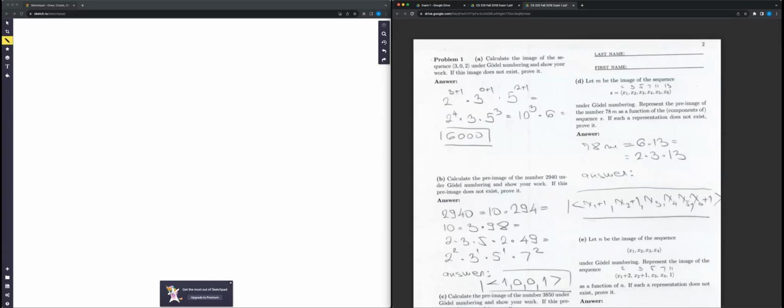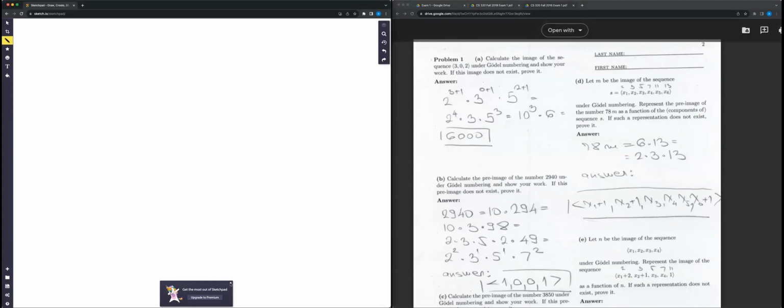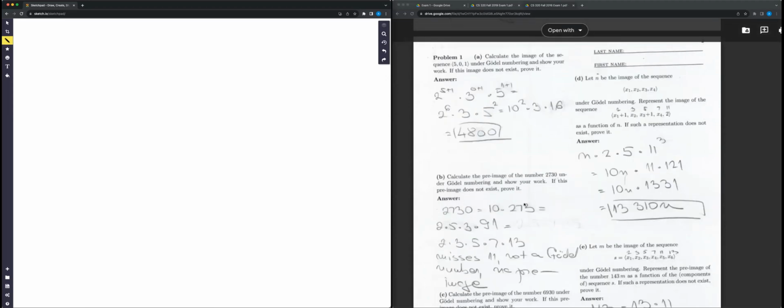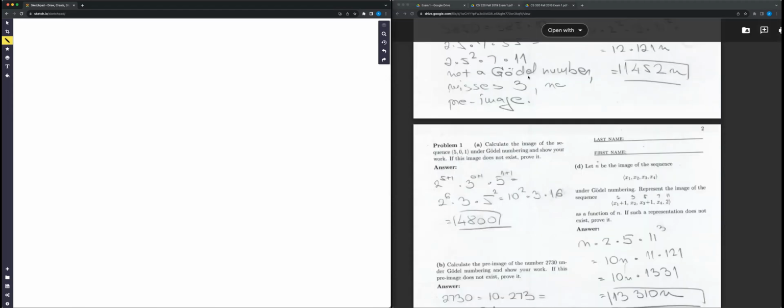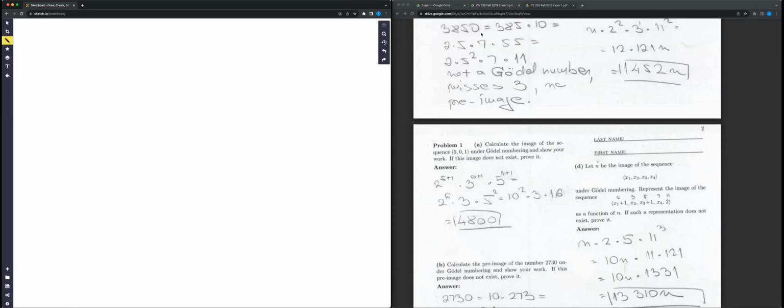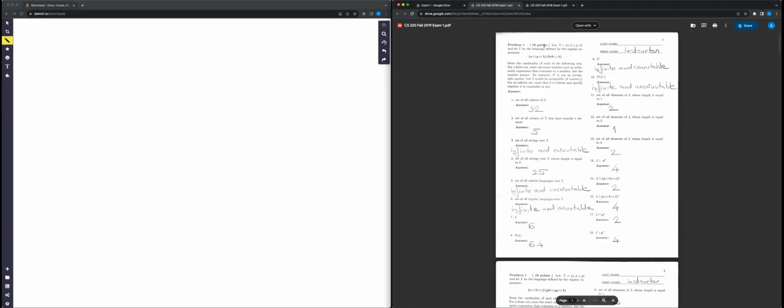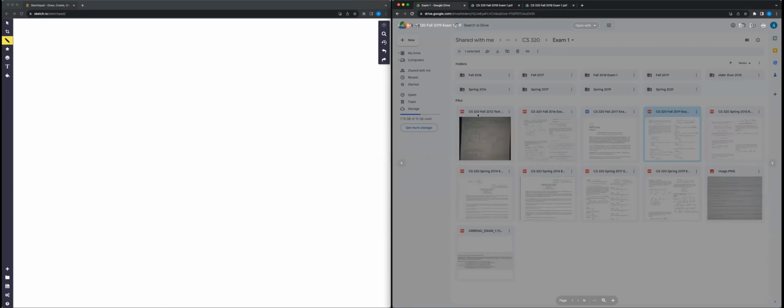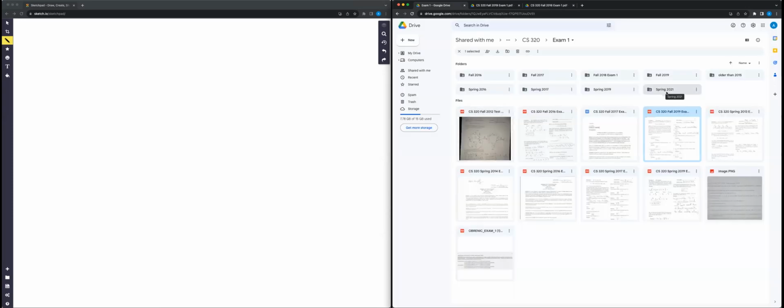I have one question. Where can I find these notes? What notes? I mean, the PDFs you're using? These are old exams. Oh, okay. She'll post the answer key after every exam. So I just have a couple, but there's a lot more.